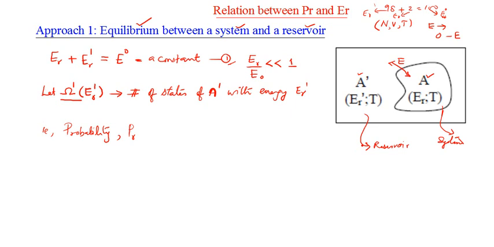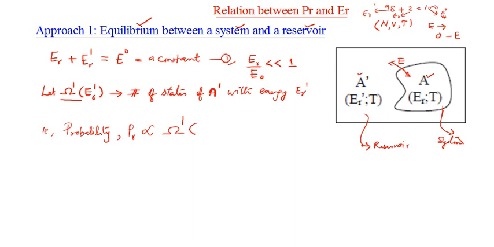So instead of expressing the probability in terms of ER, I am writing the probability in terms of ER prime. So I am writing PR is proportional to omega prime ER prime. That is a very important turning point.